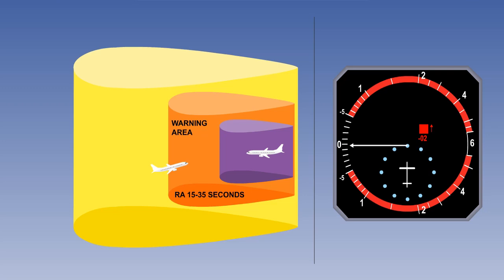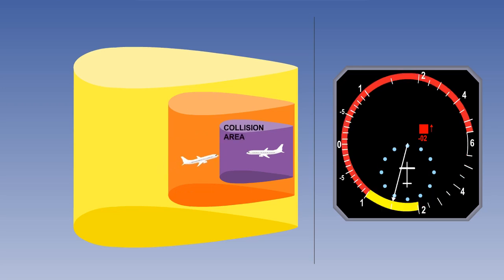A preventative advisory is where no risk of collision exists unless either aeroplane changes its vertical profile. In this case, the instruction is to monitor vertical speed. A corrective advisory is where a collision risk exists and a maneuver is necessary to avert it.